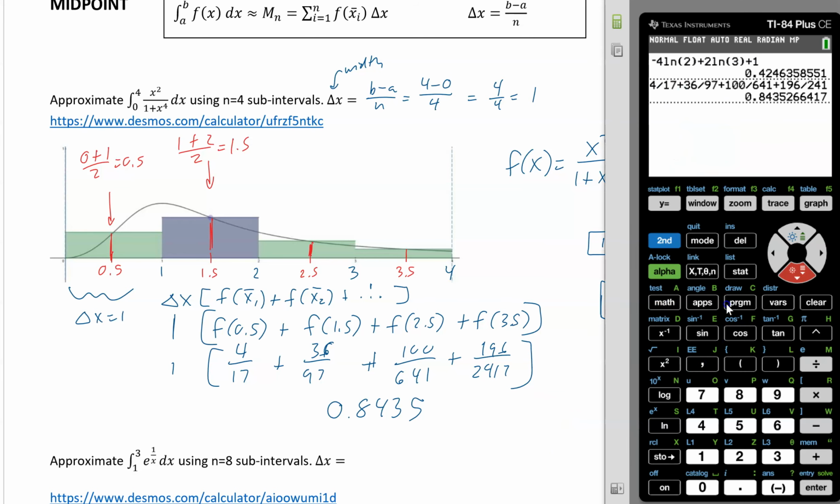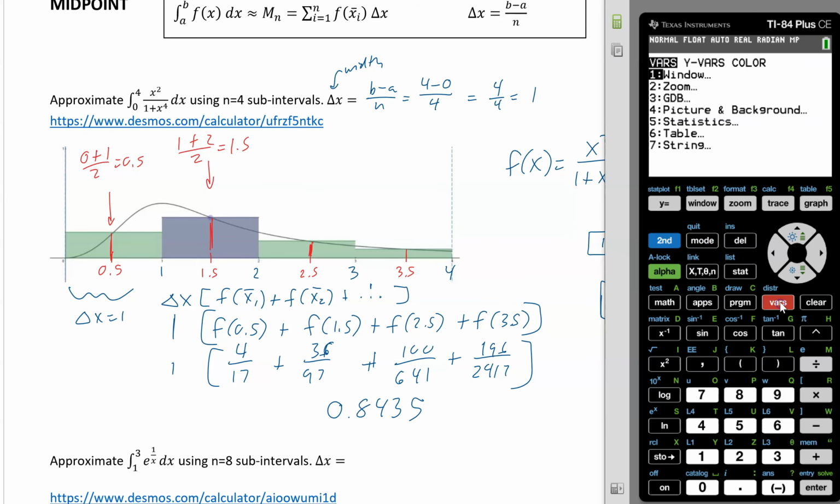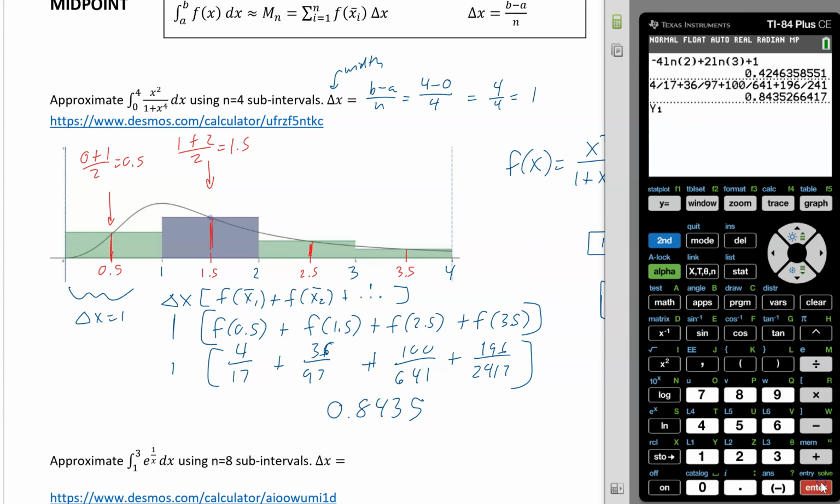Now I did say I'd show you another method, and that's for the calculator. In your calculator, as long as you have your y already created, under VARS, you go to Y-VARS, and you see function, and there's y1. It'll bring it up, and then you put parentheses and your first input, so 0.5. That would represent f of 0.5. Then you push plus, VARS, scroll back over, hit enter.